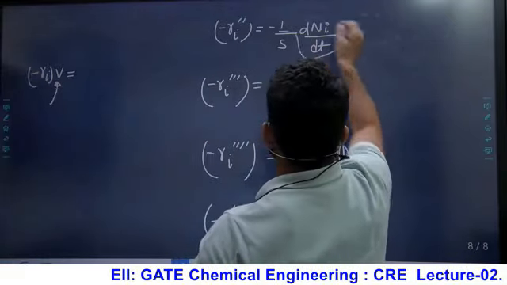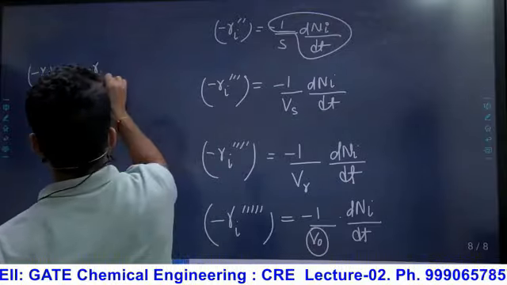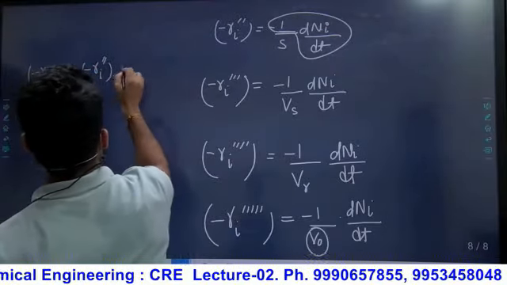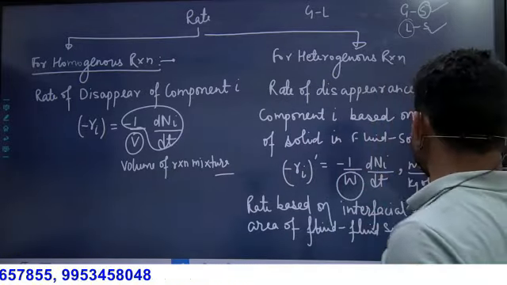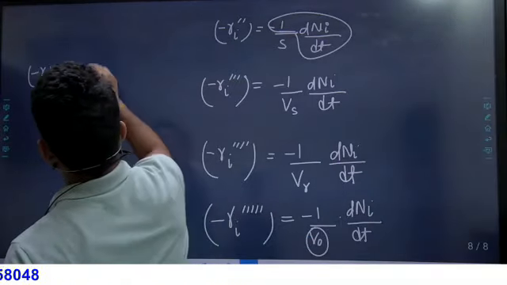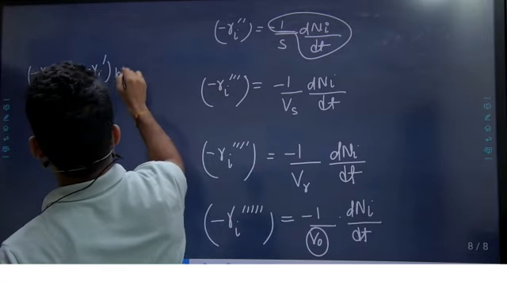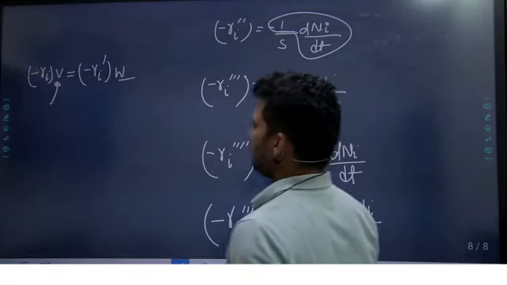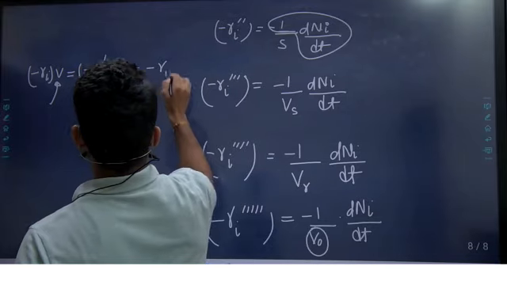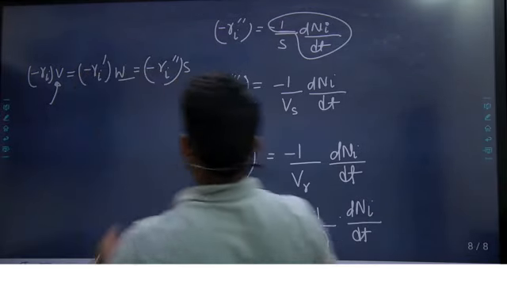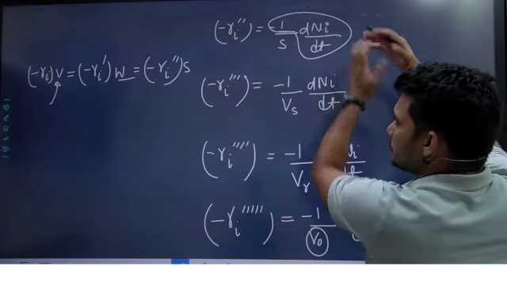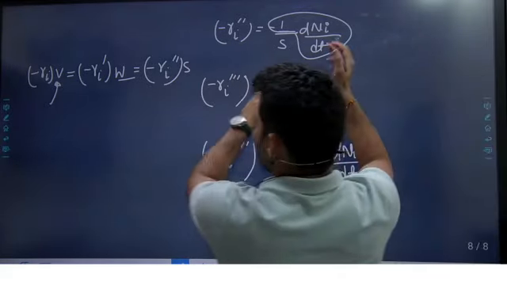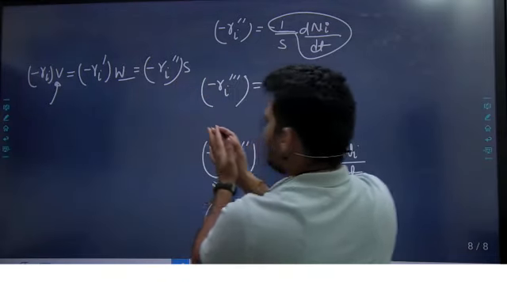Minus dNi by dt you will find as minus Ri double prime into S. And it is also minus Ri prime into W, where W is the mass of solid. That equals minus Ri double prime S, where S is the external surface area for the fluid-solid system; for a fluid system, you can say it is the interfacial surface area.